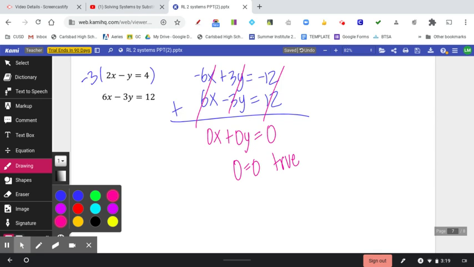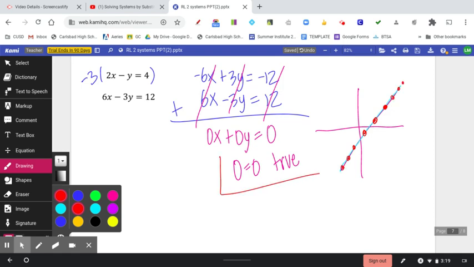If you take a look at these lines, I'm not going to put them in slope-intercept form, but basically these lines are right on top of each other. Every point on those two lines is a solution to the system of equations.